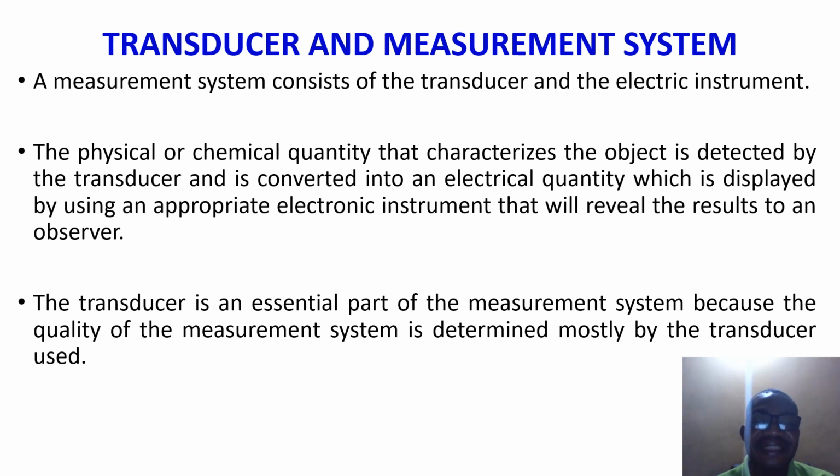And this quantity is converted into electrical quantity, which is displayed by using an appropriate electronic instrument, which will reveal the results to an observer. You should note that the transducer is an essential part of a measurement system because the quality of the measurement is determined mostly by the transducer that is used.